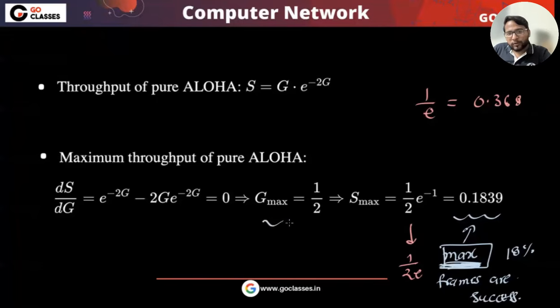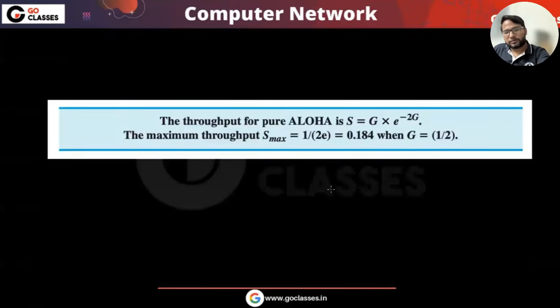So G value 1/2 is giving you the maximum throughput here. What does this mean? That in one slot you are sending half a frame, which means in 2 slots, or in the entire vulnerable time, you are sending just 1 frame. Doesn't it seem logical that in the entire vulnerable time, or in two slots, you are sending just 1 frame, and then you are getting the maximum throughput? So yes, this is logical also. So this is the throughput, and you get the maximum throughput at G equal to 1/2, and the value of the maximum throughput is 0.184.